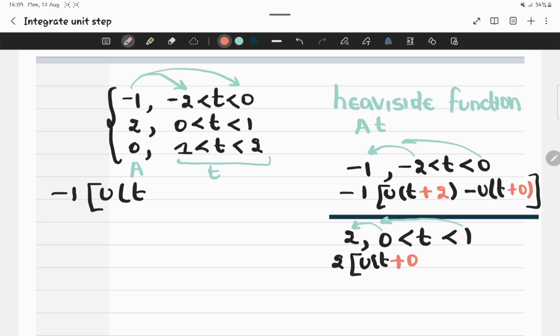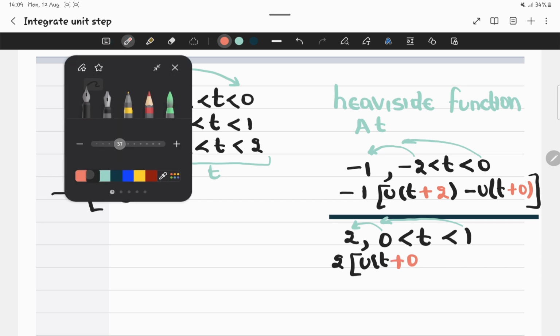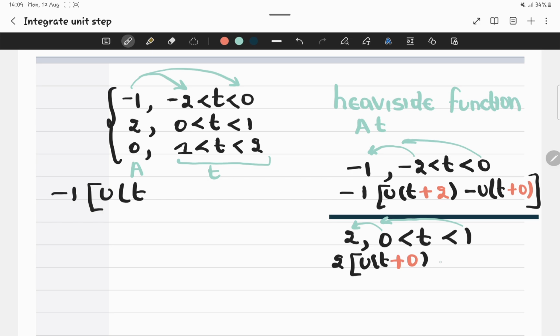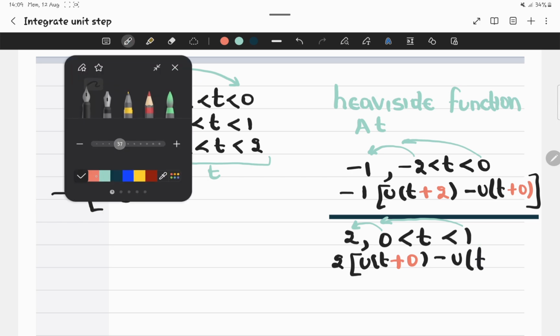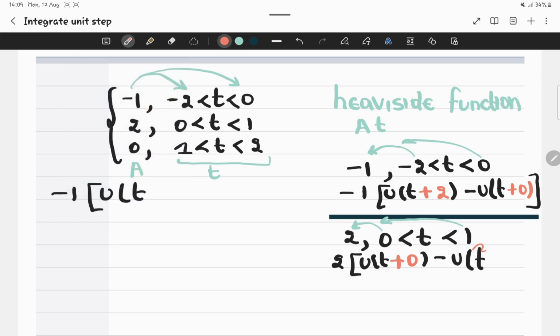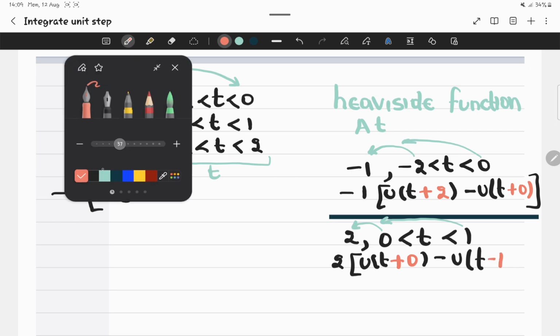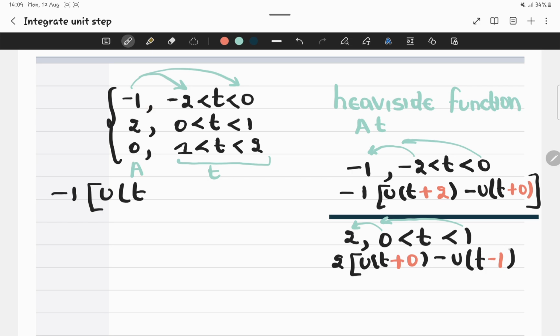Since 0 stays, this remains positive. Since it's 0, you put a negative in the other term, u(t). Again, if you move 1 to the other side, it's going to change the sign, it's going to be -1. Then you have something like this for this equation.